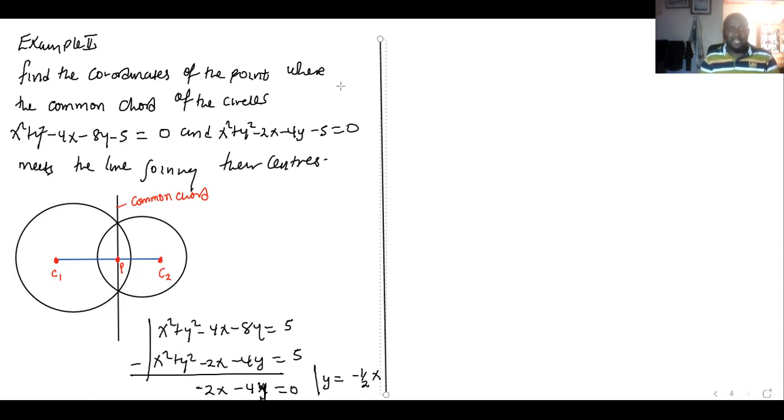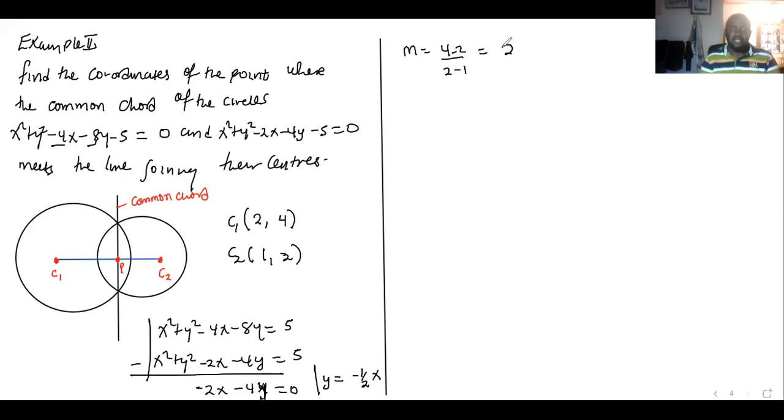Now, having confirmed that, the question went further and said, find the equation of the line of centers. We know the centers of our circles. Center C1 has what coordinates? 2 and 4. Why? You divide the coefficient of x by -2, and the coefficient of y by -2. Then center 2 has what coordinates? 1 and 2. We agree? So for that reason, we can find the equation of the line through those two. Get their gradient m, which is change in y over change in x.